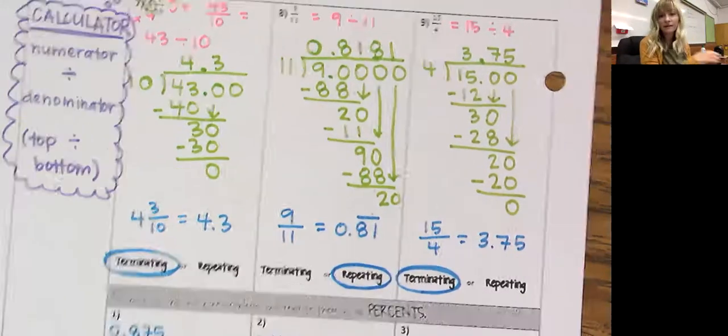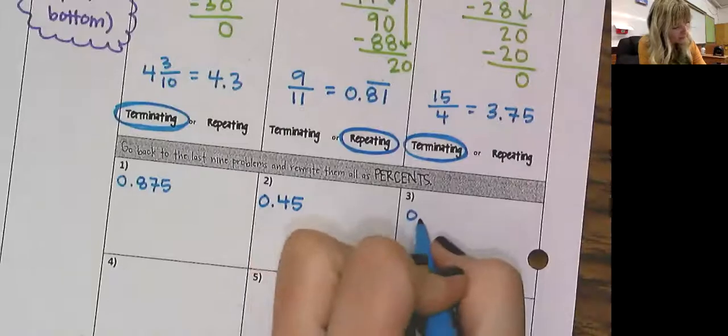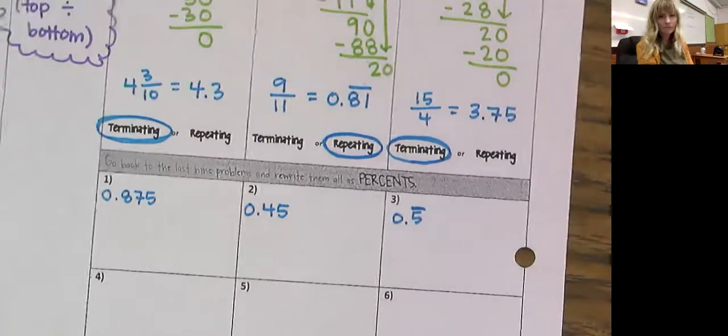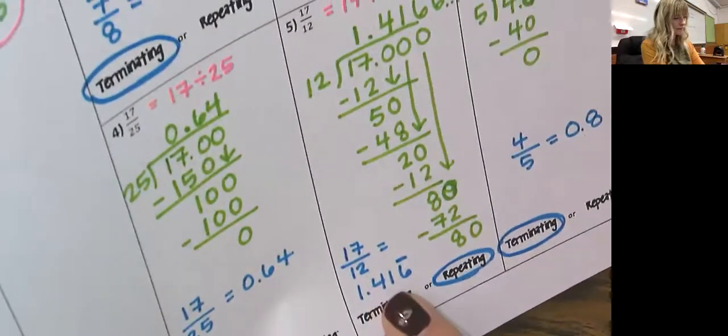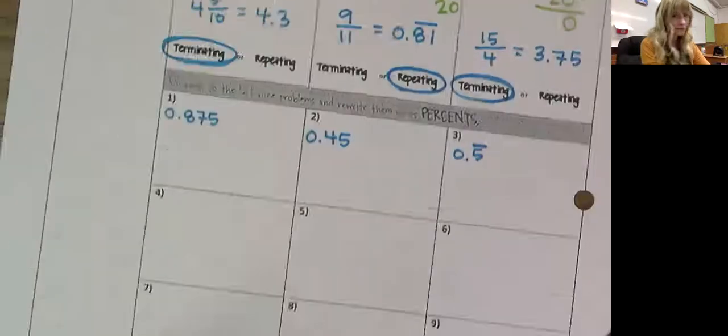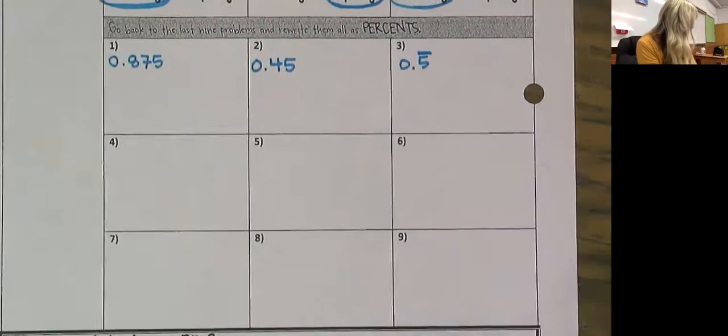These are the problems we already did. Number 3 was 0.5 repeating. Okay. Number 4, we got 0.64, 1.416 repeating, and 0.8. Okay, I'm going to write those down here. You guys still with me? All I'm doing is writing the decimals we already had.